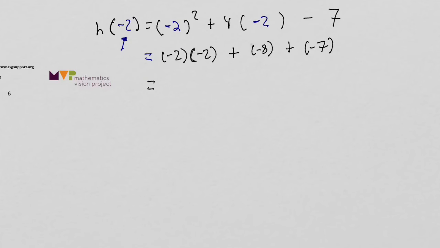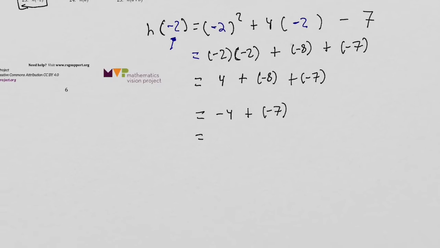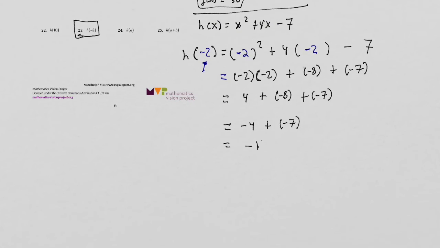Negative 2 times negative 2, we get positive 4. We're going to add negative 8 and then negative 7. So then 4 plus negative 8 is negative 4. And then we're going to add another negative 7 here to get a grand total of negative 11. So h of negative 2 is the same thing as negative 11.